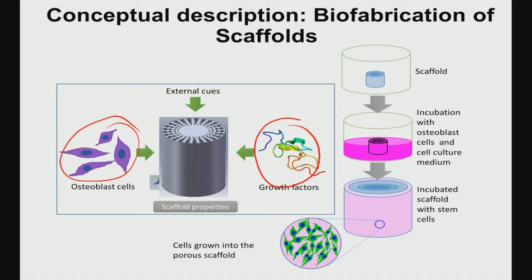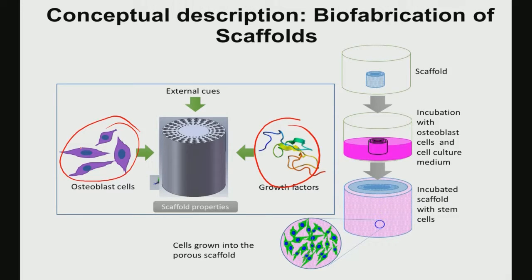These cells can be any type, and you give some external cues, like electric field stimulation, or mechanical stresses, or some fluid shear for cartilage applications, or mechanical stress for bone applications, during the biofabrication of the scaffolds.